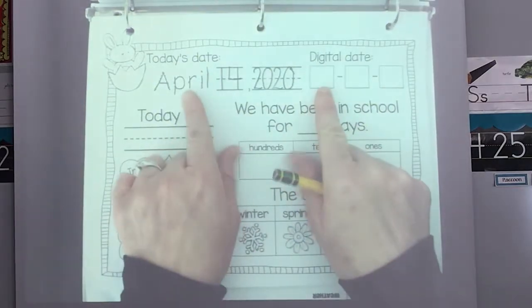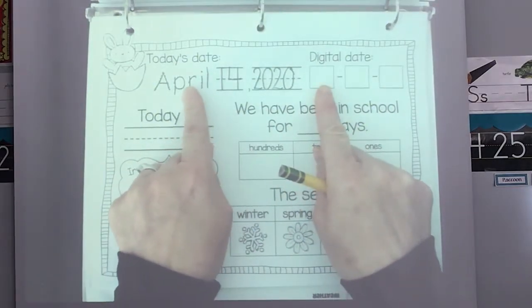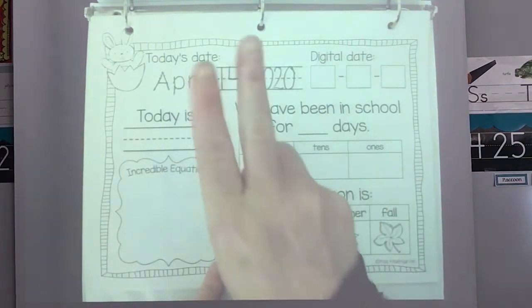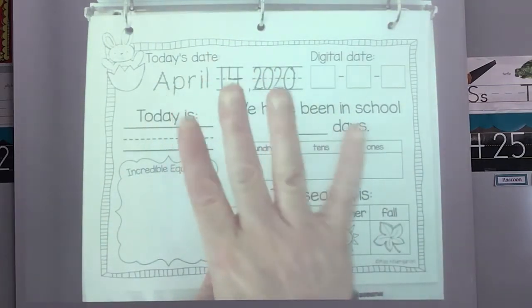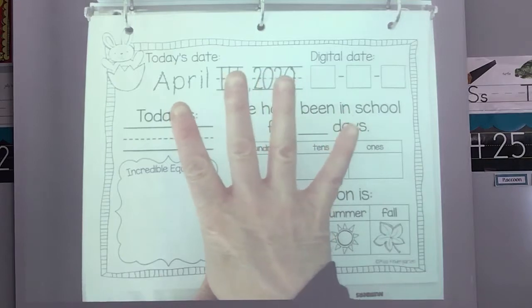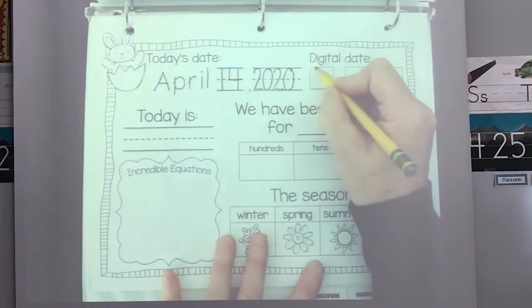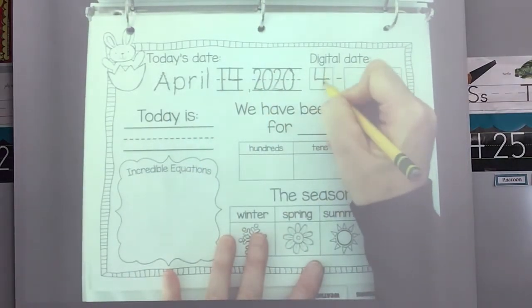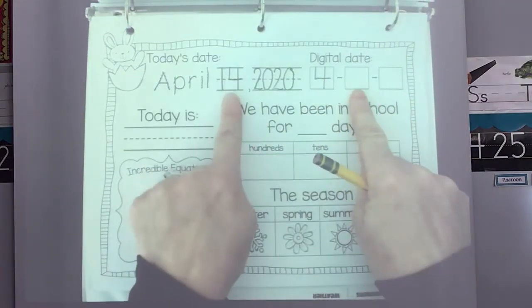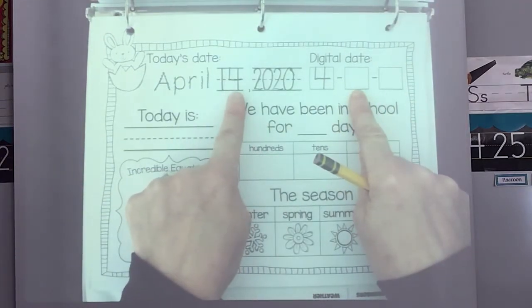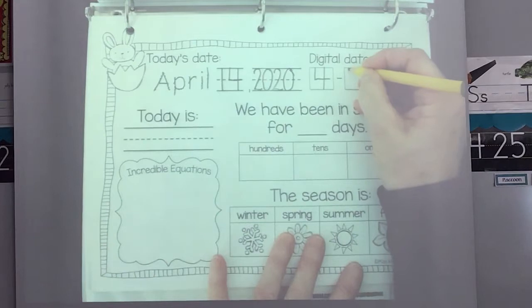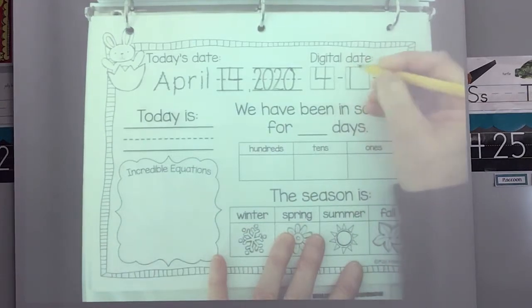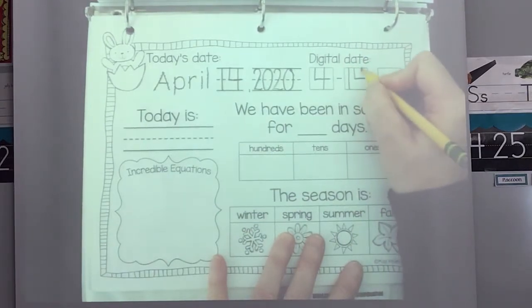So in our digital date, April is what number? January, February, March, April, how many? 4, correct. Okay, down and across and down again. Then today's date, yep, 14. So leave room because we're writing 2 numbers, 1, and then down and across and down again.